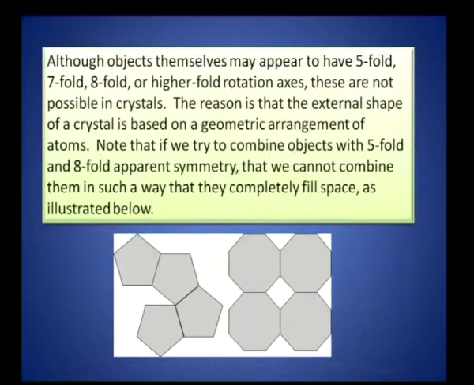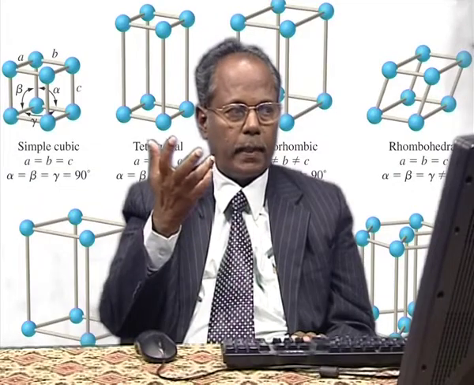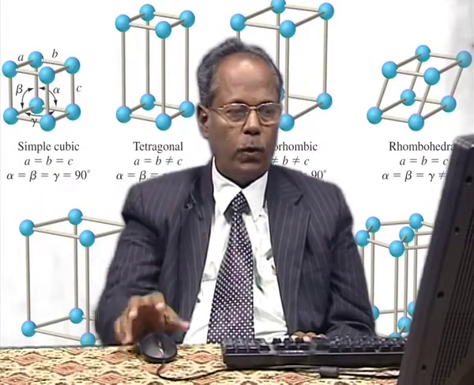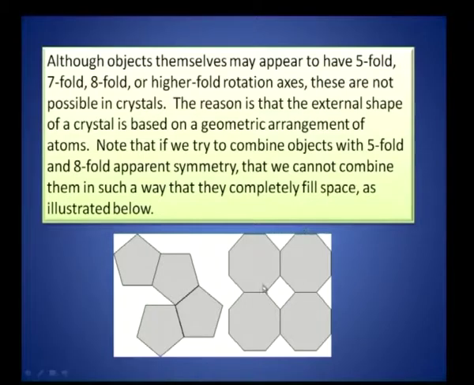Similarly, if you look at 7-sided elements, after the pentagon, then you can have 7-sided or 8-sided elements. If you put 7-sided objects and keep them side by side, what will happen is they will start overlapping. Similarly, 8-sided objects also will not be able to fill up space, there will be empty space here, right.